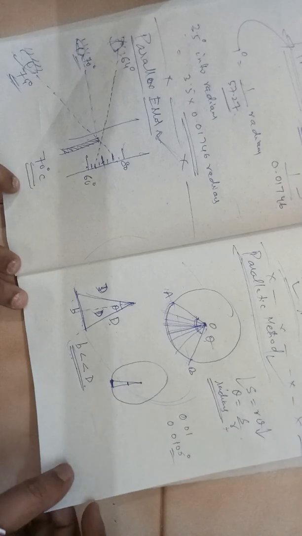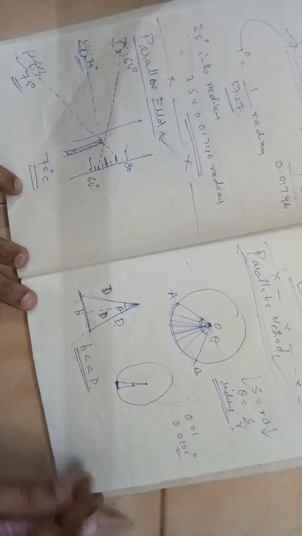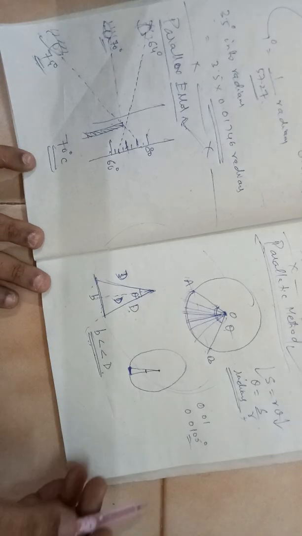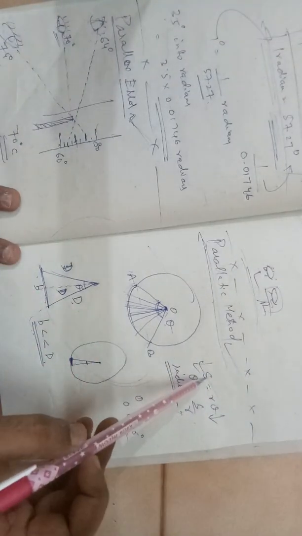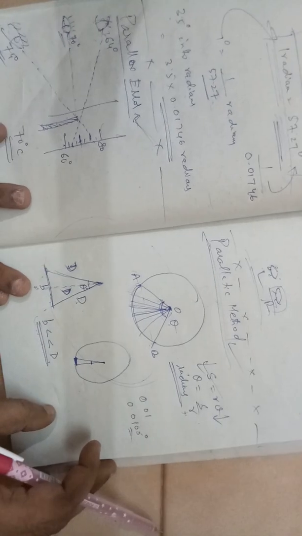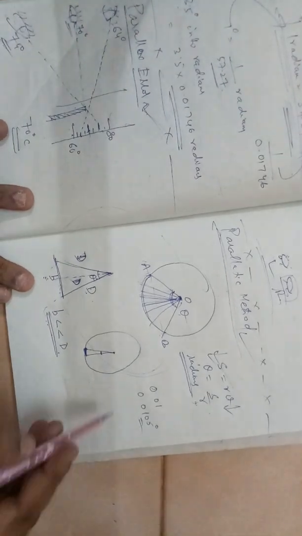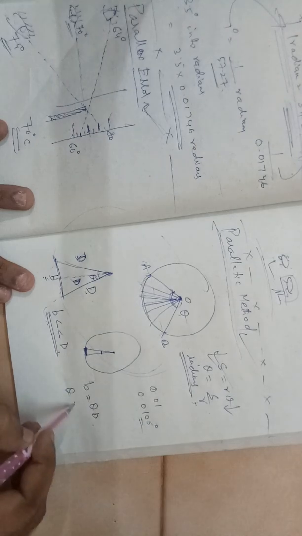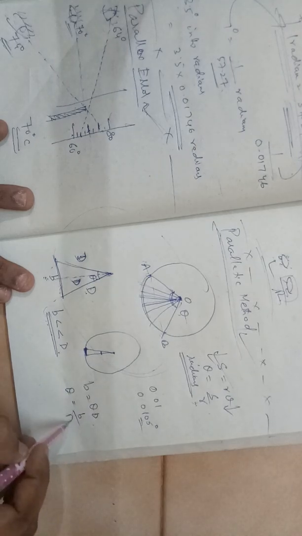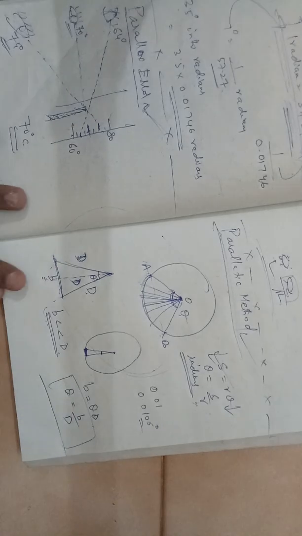So here what is the relationship now? Can I find this theta value using the same concept? Then what is S here? S is B here. So B is equal to theta times D, or theta is equal to B by D. This is the relationship.